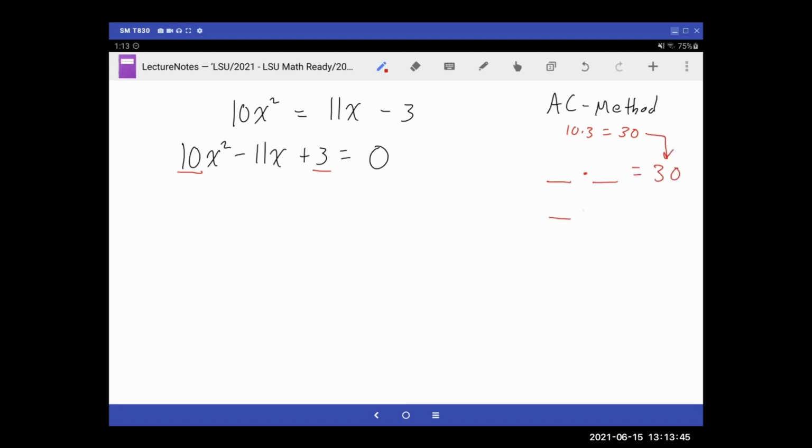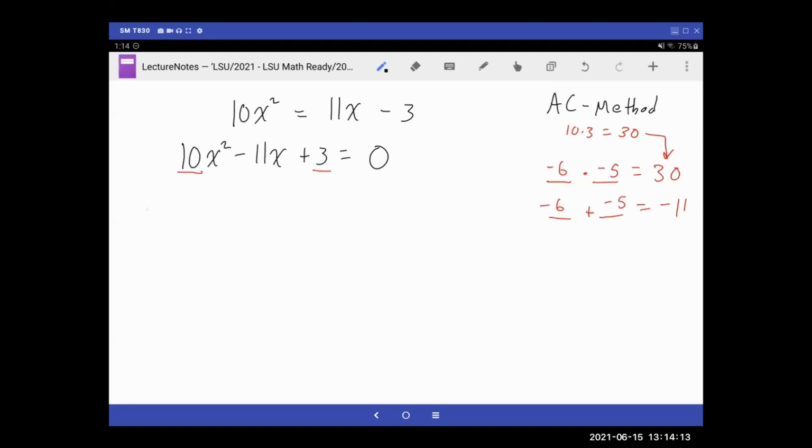But if I add those numbers together, I get -11. Okay, so I'll go through some numbers in my head. And I like the idea of -6 times -5, because those multiply together to be a positive 30. But if I add -6 plus -5, I get a -11. Okay, so those are my 2 digits that I'm going to work with here.